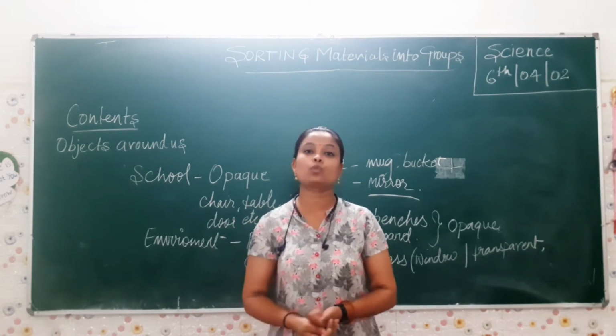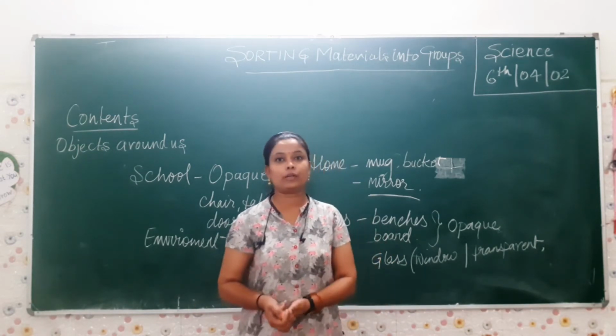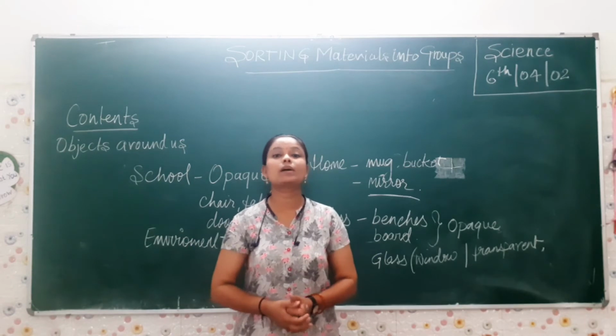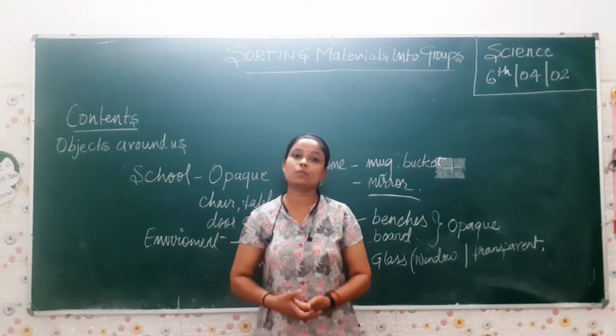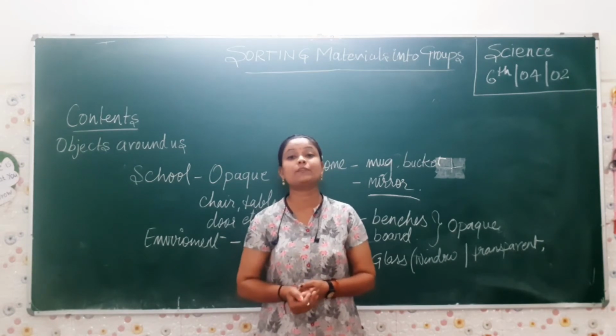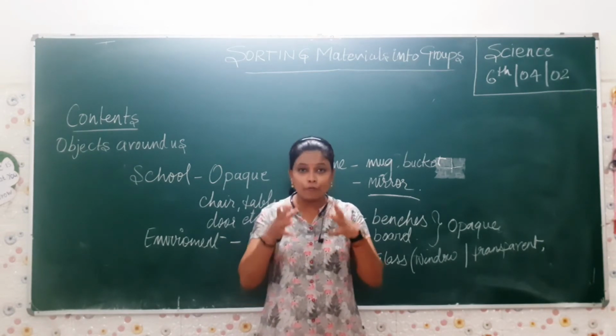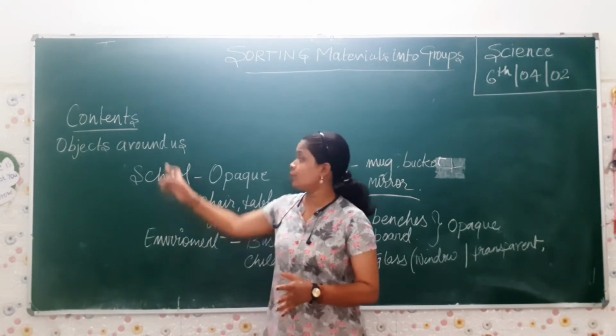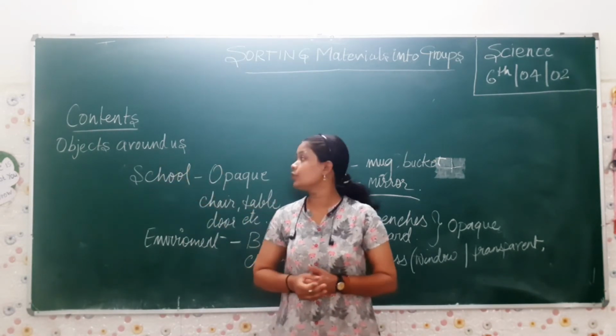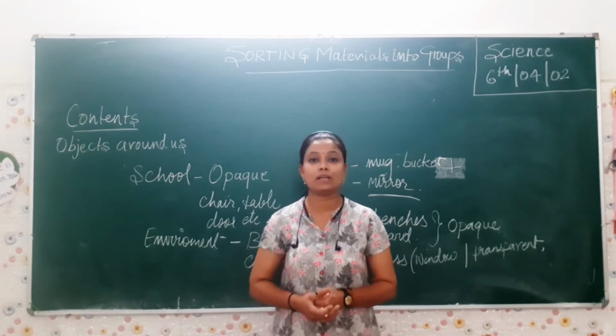You can see through the window of your class outside towards the ground. And transparency means what? You can see from one side to the other. It is called transparent. So I hope this topic as per your syllabus is clear to you.